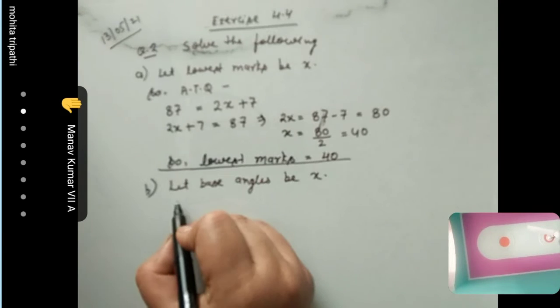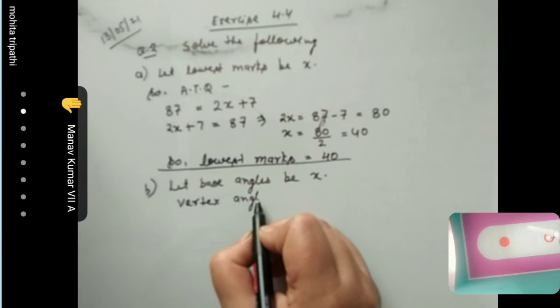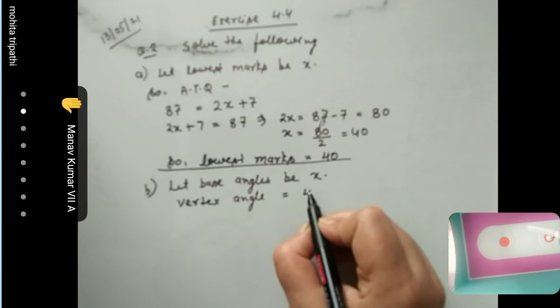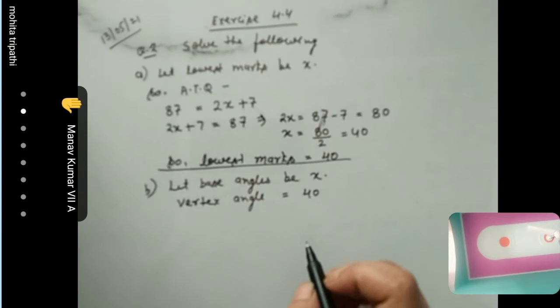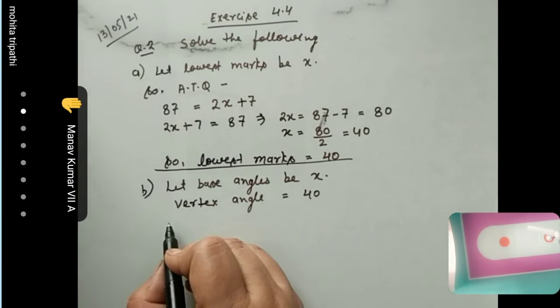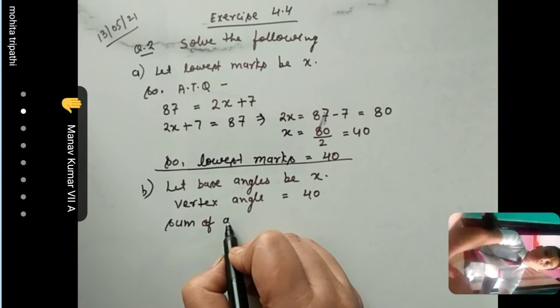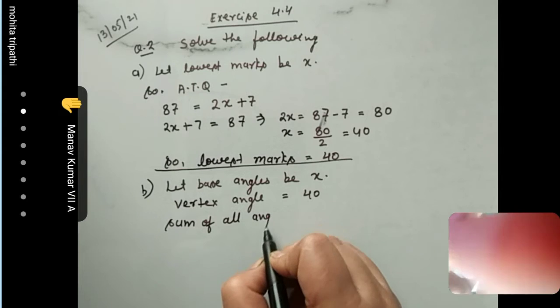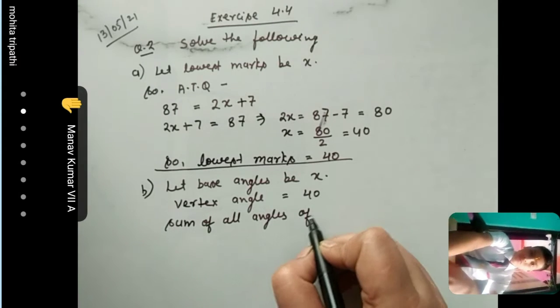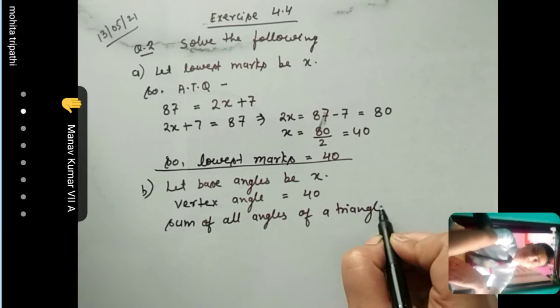Now what is given to you? Vertex angle is 40. Now we know the angle sum property. We know the sum of all angles of a triangle is 180.